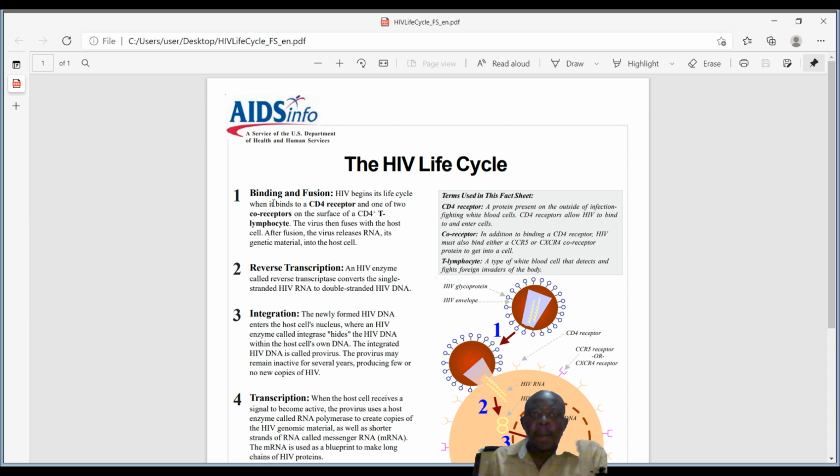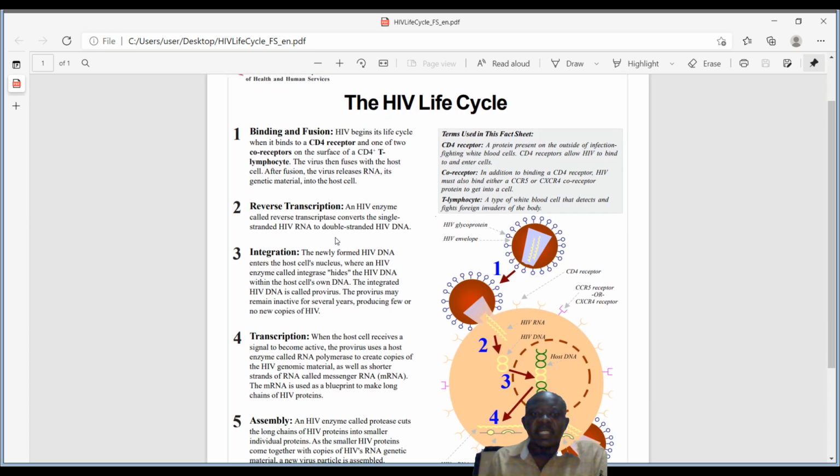Binding is the process of attachment of the virus to the T lymphocytes that have CD4 receptors. The virus then fuses with the host cell. Now, when you're talking about fusion, we are looking at the virus releasing the RNA and its genetic material into the host cell.